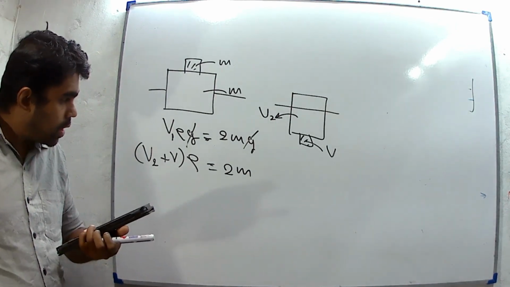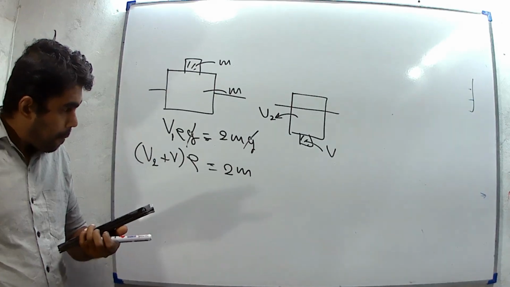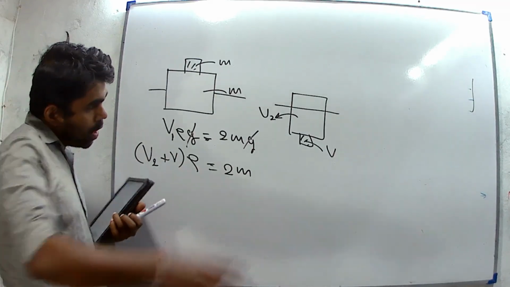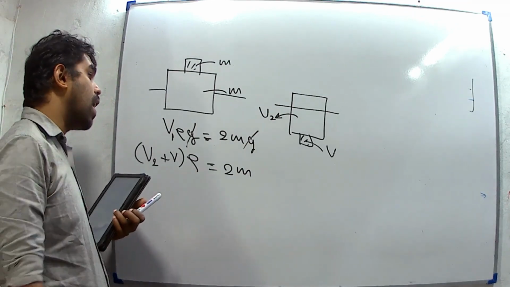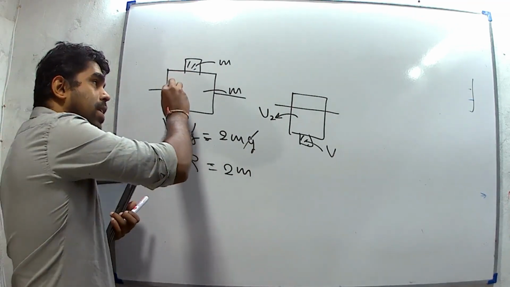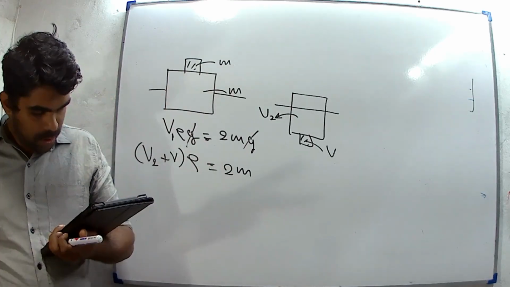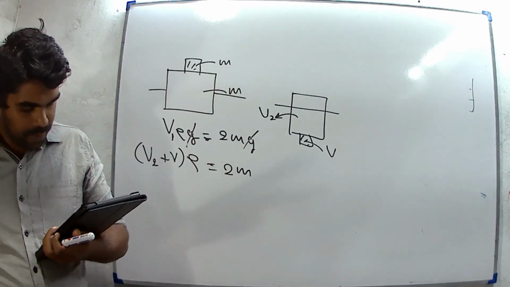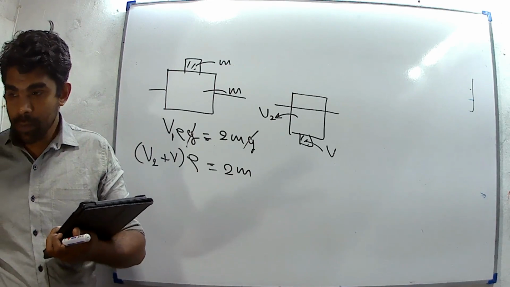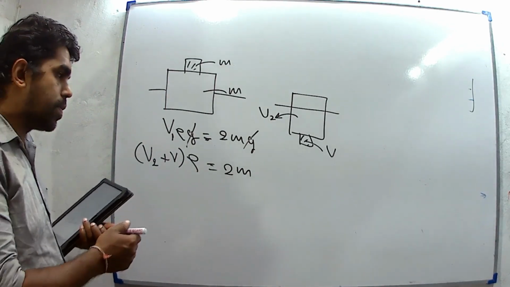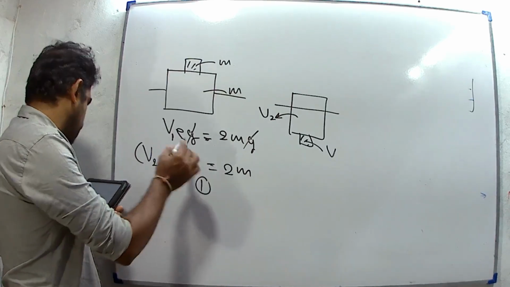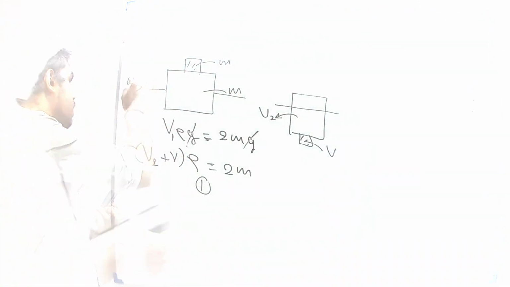Then the new immersed volume is less than this immersed volume. We get slightly smaller than 50%. Then the first one is the correct answer for question number 48.